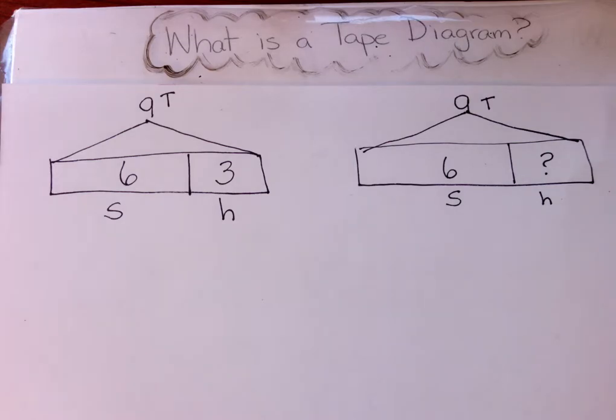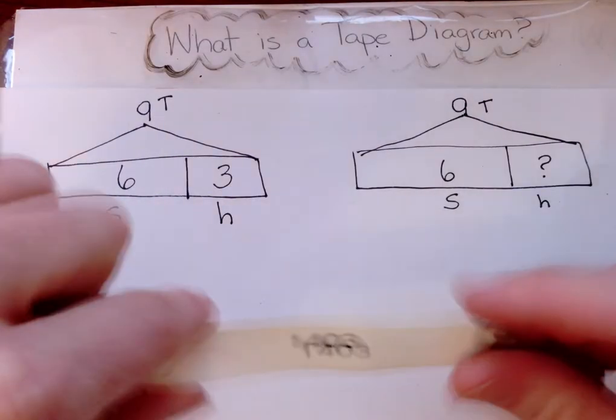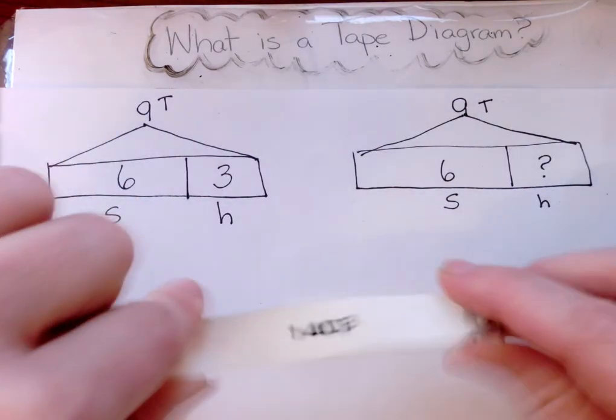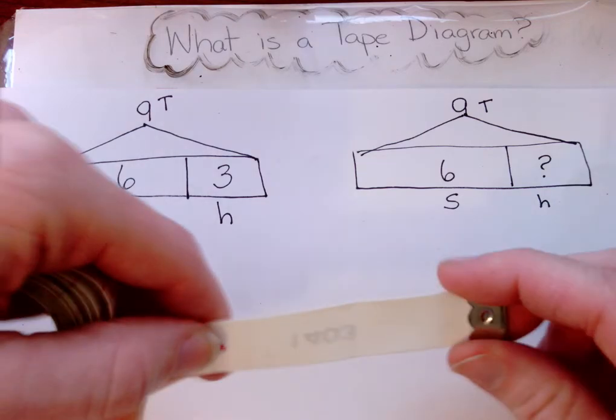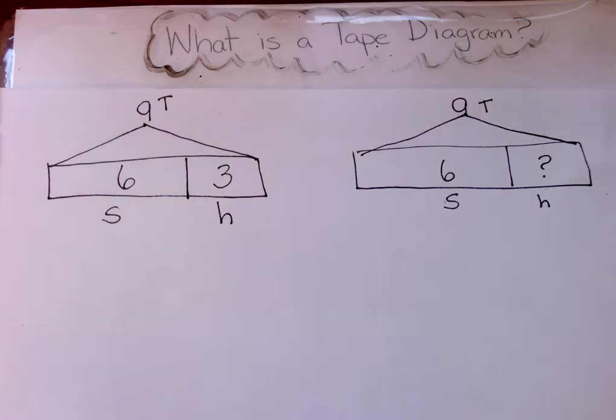The term tape comes from the same place as calculator tape, or even duct tape or measuring tape. It's a long continuous piece, and we can compare the pieces and we can find parts of the pieces. Let's see it in action.